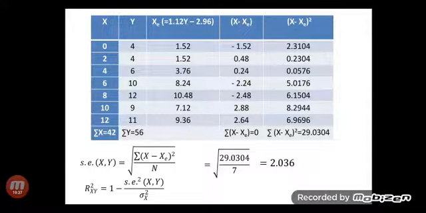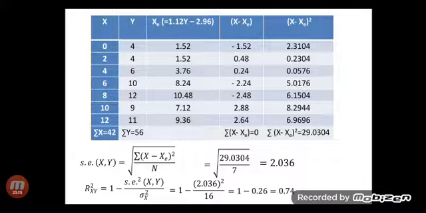Here we can calculate the r square, that is the coefficient of determination. The r square of x on y is equal to 1 minus the square of the standard error of the regression equation x on y divided by the variance of x. Here we put the values, that is 1 minus 2.036 whole square divided by 16.